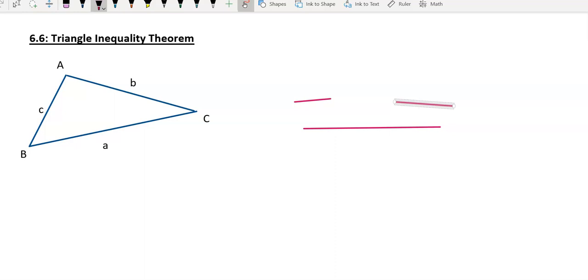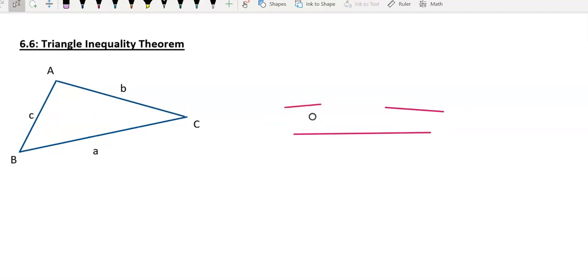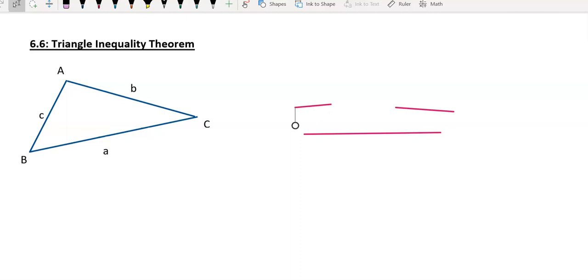Okay. So the way we test to see if it forms a triangle is we look to see if 2 of the sides together are longer than the third side. And the reason we do that, let's see if I can do it with these. I'm gonna do it from over here.